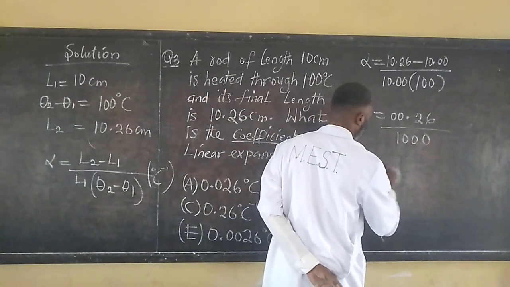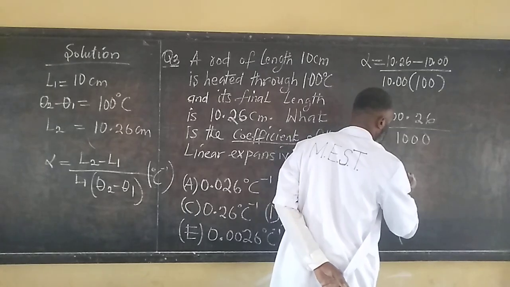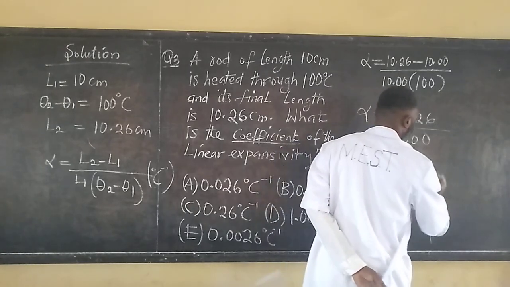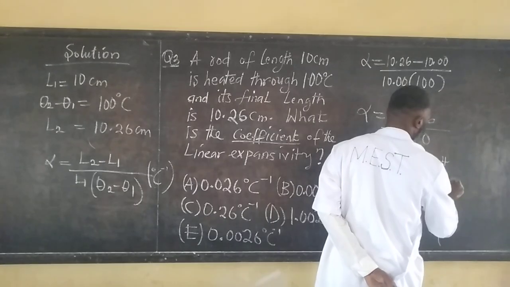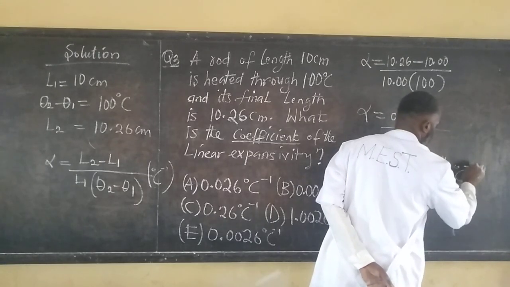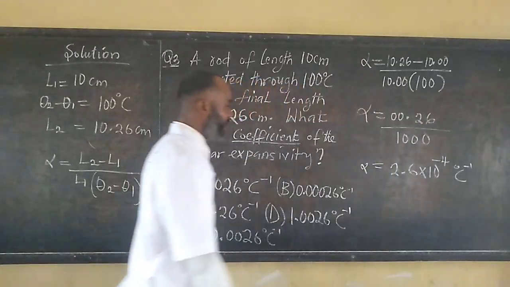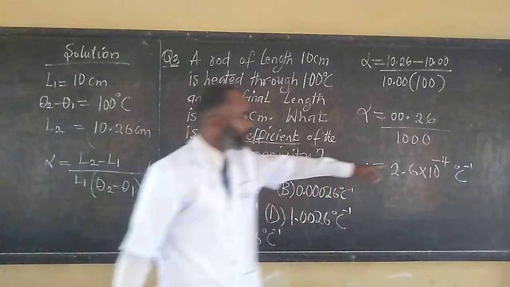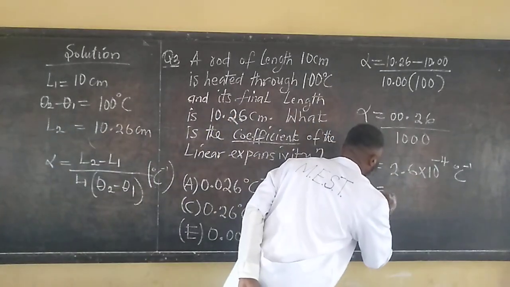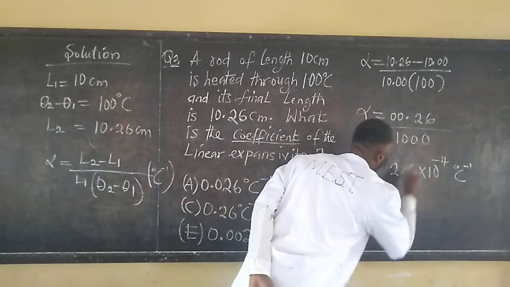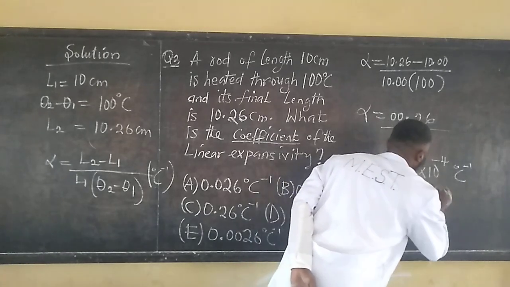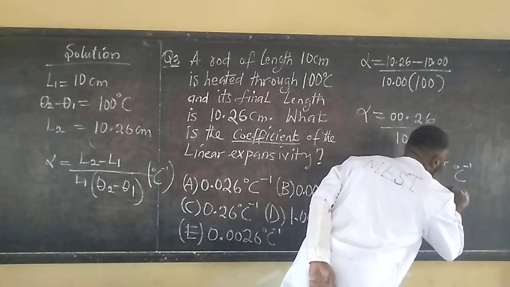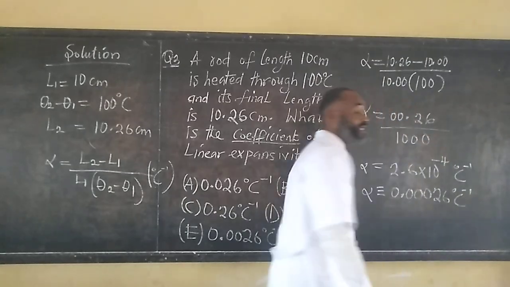You have equal to 2.6 times 10 to the power minus 4, right? Degree per degree centigrade. Okay, let's see. We have minus 4, and this is equivalent to 0.00026 per degree centigrade.